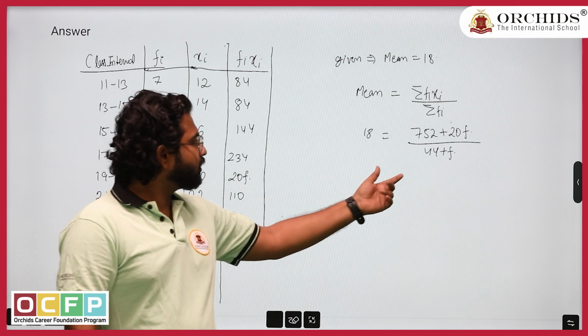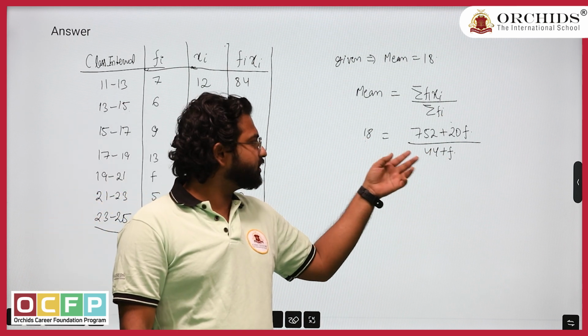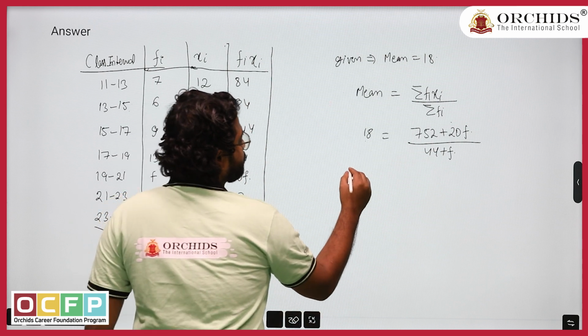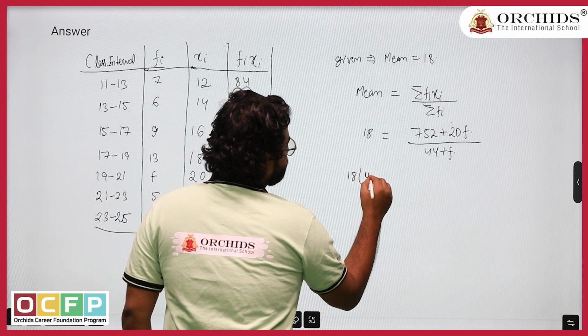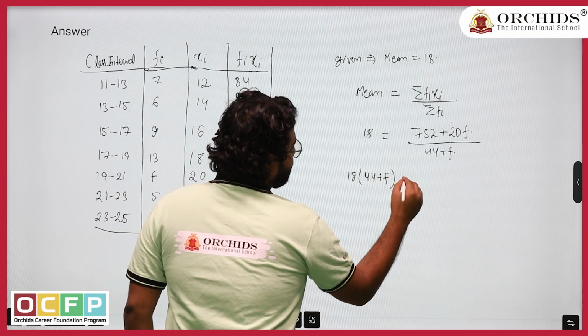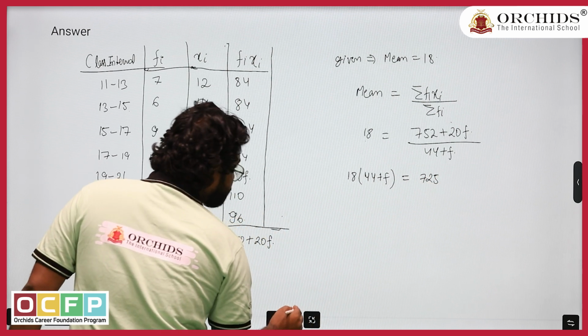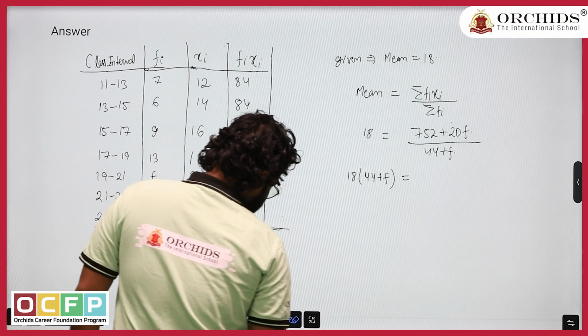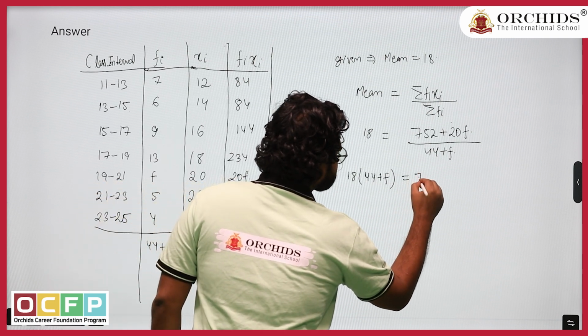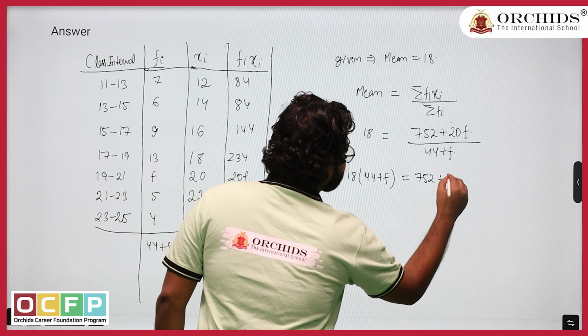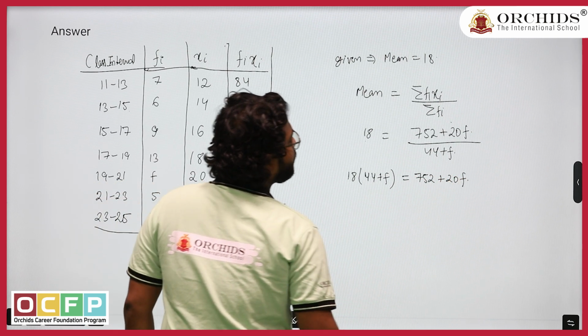How? The denominator will go to the LHS side, it will get multiplied. So 18 into 44 plus f is equal to 752 plus 20f.